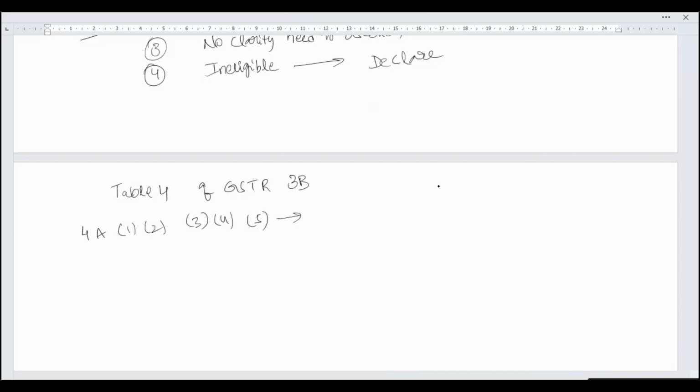These are the windows where input tax credit has to be shown or auto-populated.